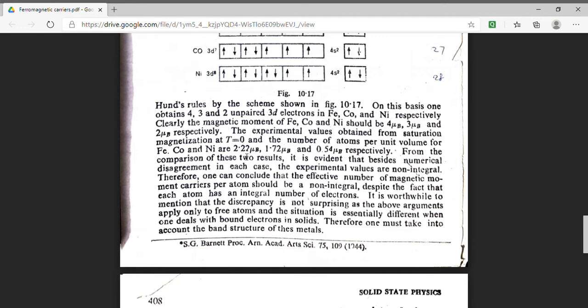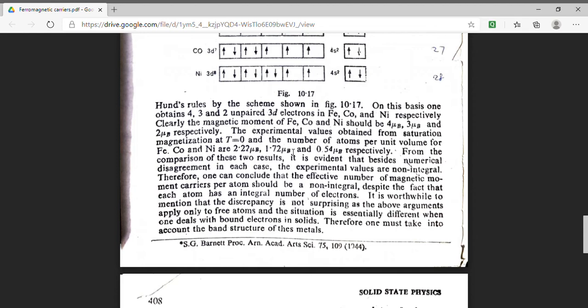That means it has a non-integral value. So our calculation of magnetic moment from the number of unpaired electrons is not true in this case, because if we calculate from the number of unpaired electrons, it will have an integral value, but here the values are non-integral. So this process of evaluation is not right.